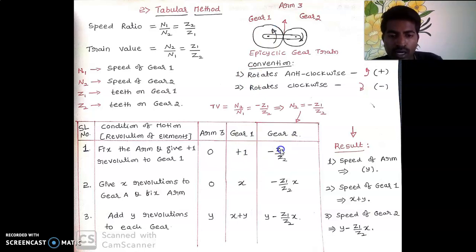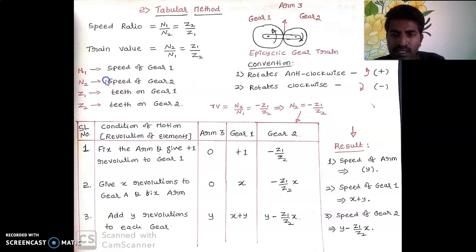Then gear 2 will rotate by minus z1 by z2. What is the meaning of this z1 by z2? We know that the train value n2 by n1 is equal to minus z1 by z2. This minus sign indicates that both gears are rotating in opposite directions. So here we are giving plus 1 revolution to gear 1. Gear 1 means what?